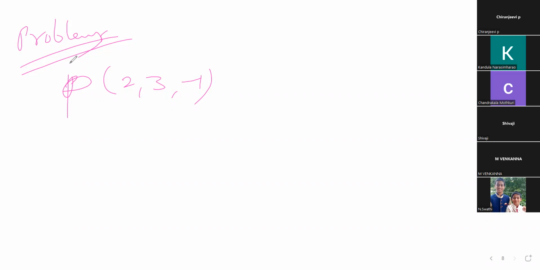So in general, whenever a point is given to us, the formula for the plane equation is a into (x minus 2) plus b into (y minus 3) plus c into (z plus 1) equals 0.